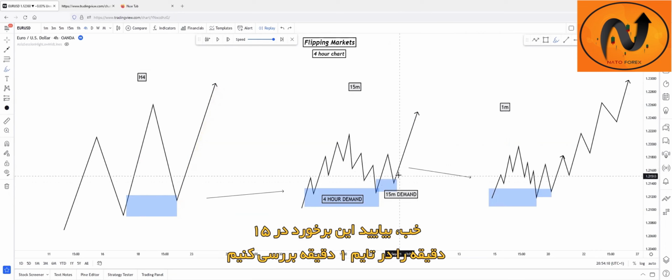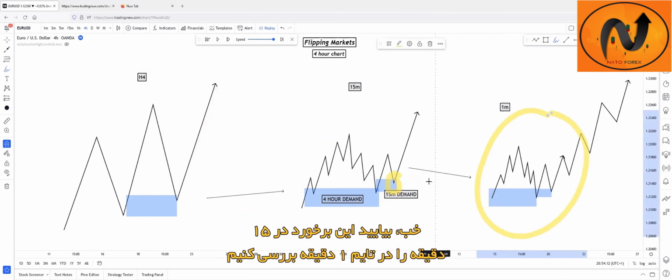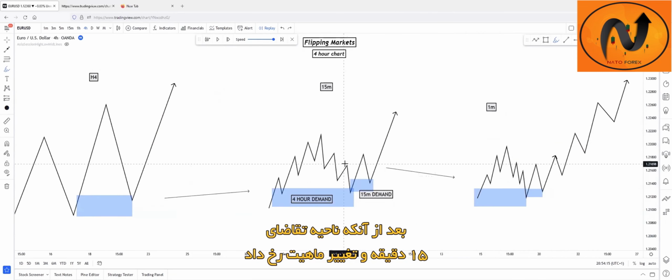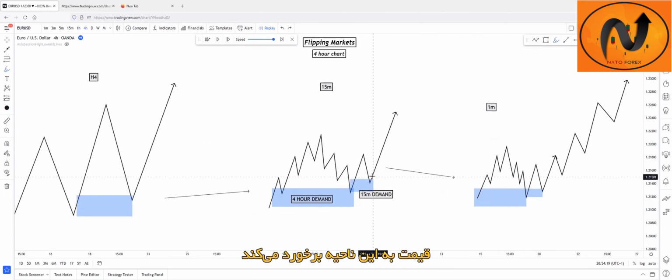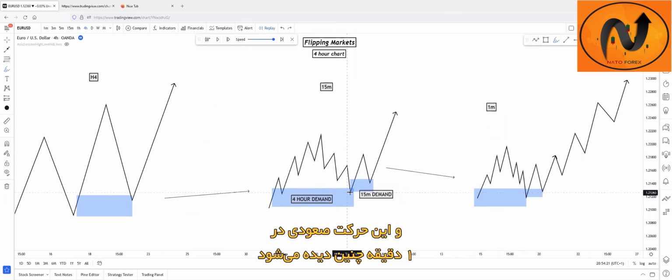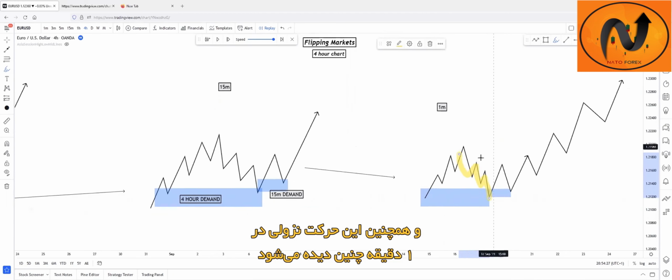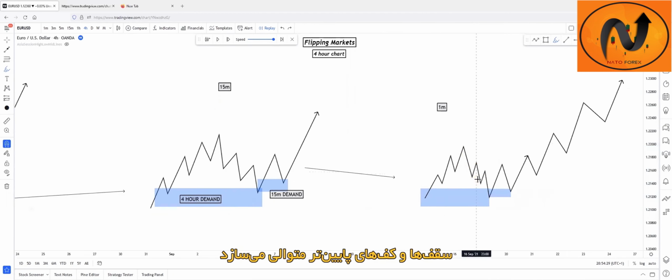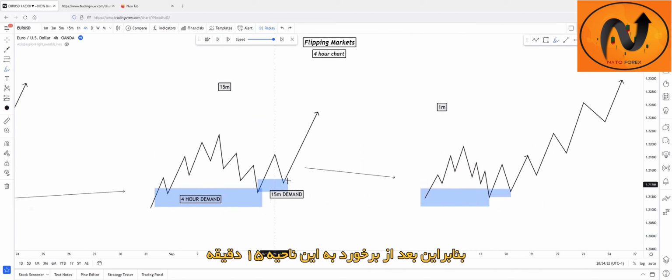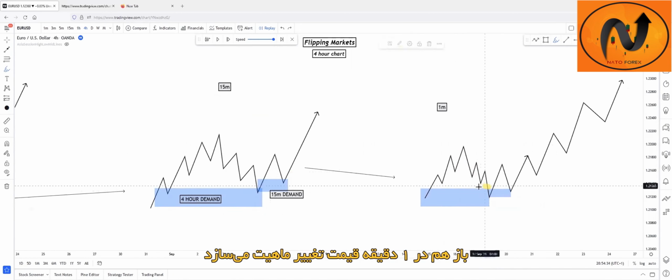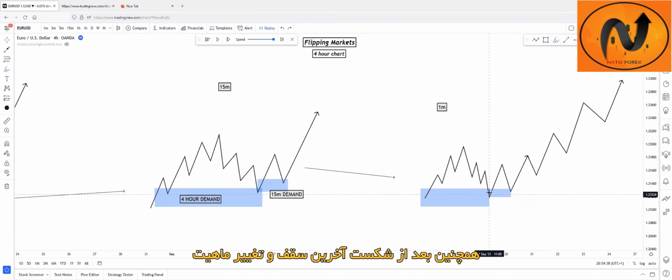Okay, let's break down this step of the zone on the 1 minute chart. After the 50-minute change of character and the 50-minute demand zone has been created, price tapped into this zone, and this upside movement will look like this on the 1 minute chart, and this downside movement will look like this on the 1 minute chart also, creating a series of lower lows and lower highs. After the tap of this 50-minute zone happened, price will change character on the 1 minute also.